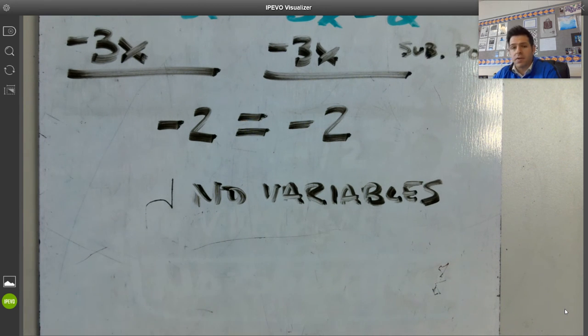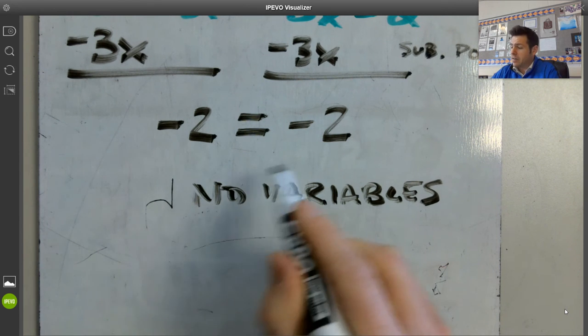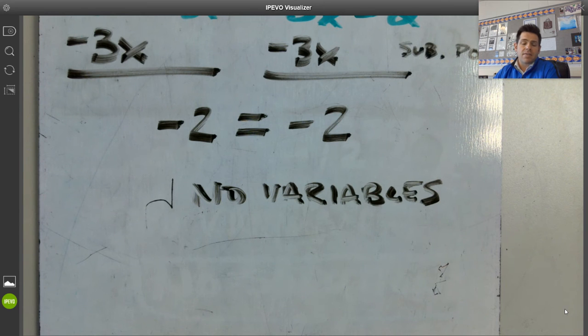But here I have no variables left. But we have to go back up to that statement, negative 2 is equal to negative 2, and understand, is that a true or false statement? And negative 2 is, in fact, negative 2.